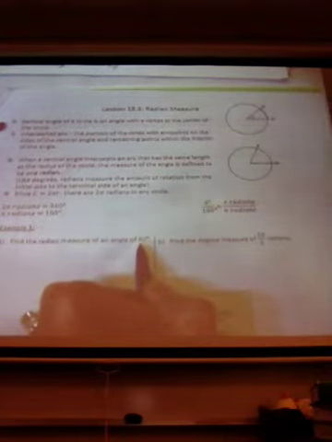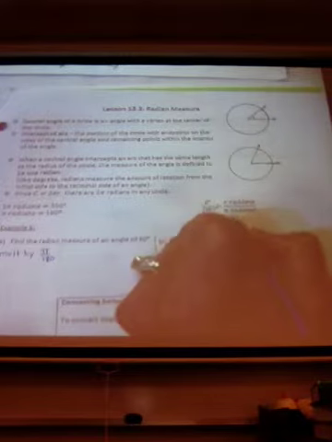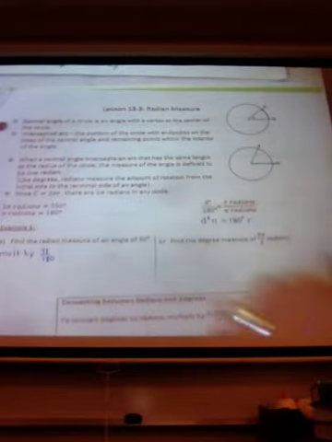So if I want to find the radian measure of 60 degrees, what you can just do real easily is multiply by pi over 180. Here, if you cross multiply using your proportion, you would get this.